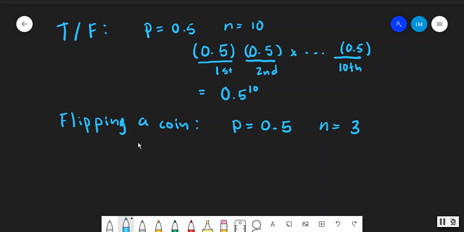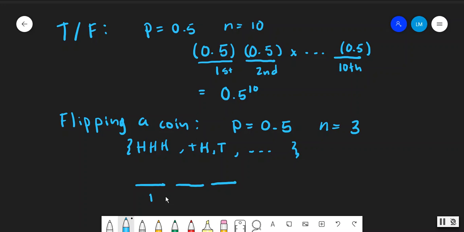For example, the outcomes are heads, heads, heads, and then tails, heads, and then tails. I don't want to list out the entire set, but if we have just 3 tosses and we want it to land on our choice, maybe the whole thing, like heads, heads, heads, or tails, tails, tails.